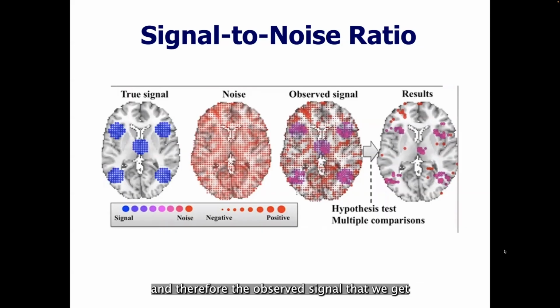And therefore, the observed signal that we get is going to look something like the true signal intermixed with noise. And then we analyze those data in order to pull out what we're hoping is the true signal, but our results are probably going to be intermixed with some noise and some real signal.